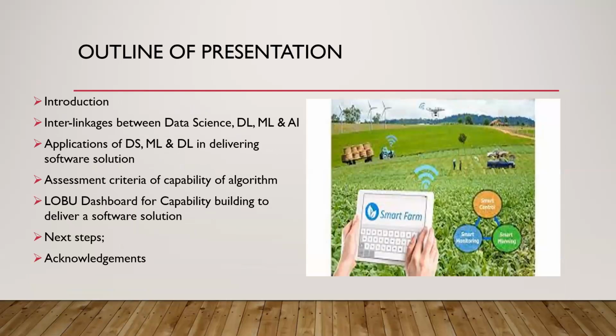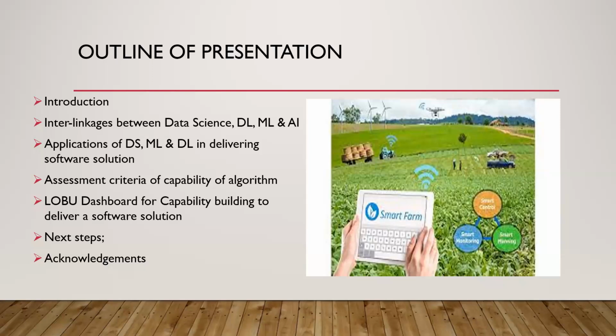So the outline for capability is as follows. We will have an introduction. Then we have interlinkages between data science, deep learning, machine learning, and artificial intelligence. Then the application in delivering software solution. Then we shall look at the assessment criteria to judge the capability of an algorithm.